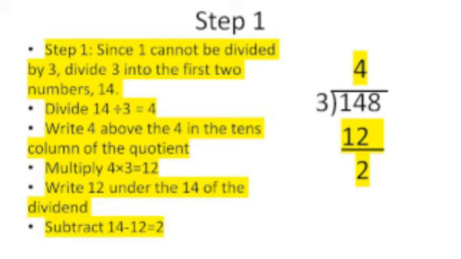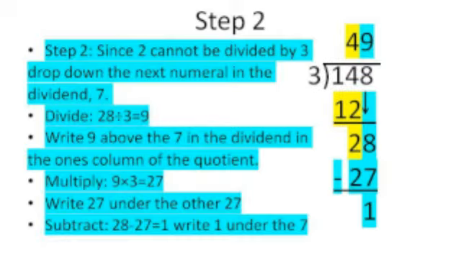So when you're doing a division problem, the first thing you're going to want to do is divide into the dividend, and then you're going to want to multiply, and then you're going to want to subtract. And after we do all that, we're left with the number 2, but we're not done just yet. We're going to repeat that process again.